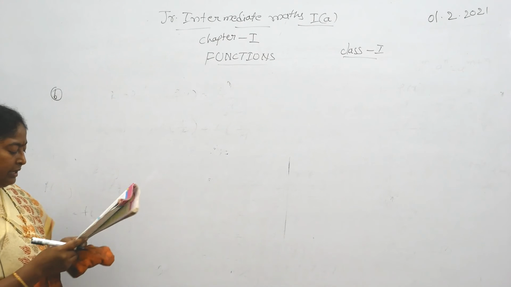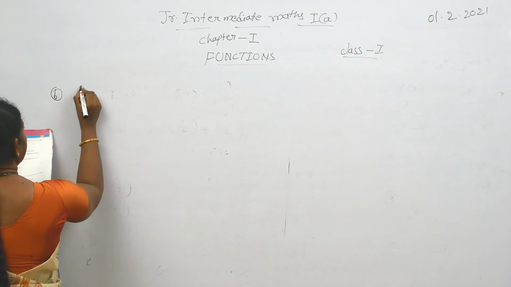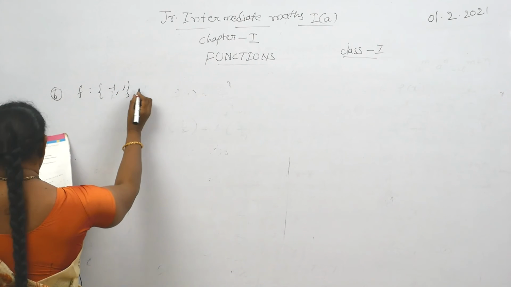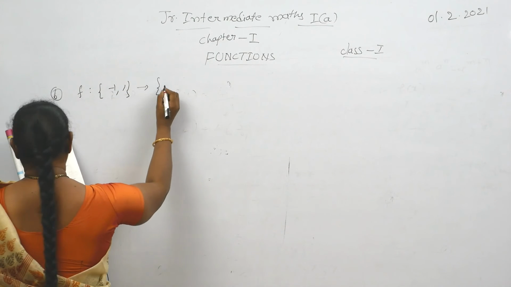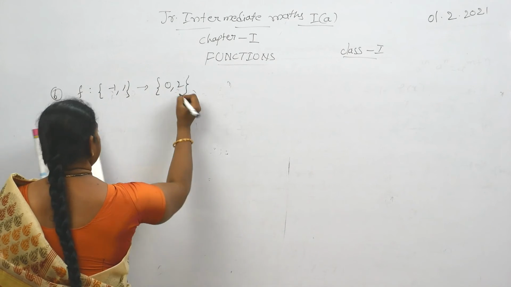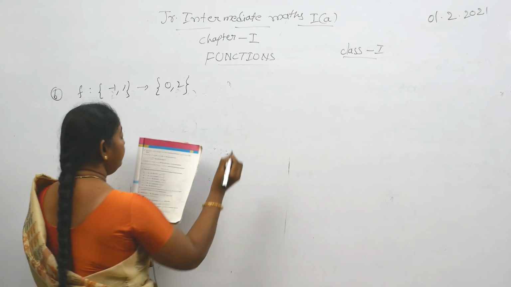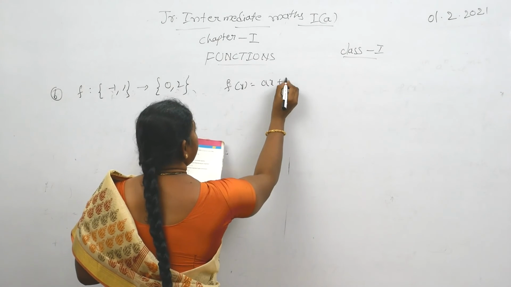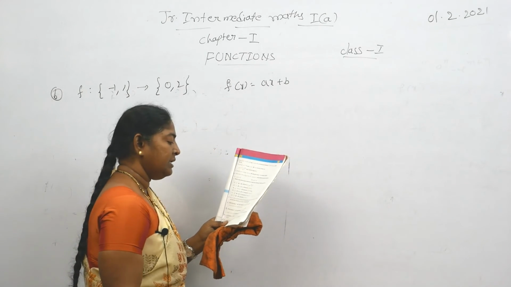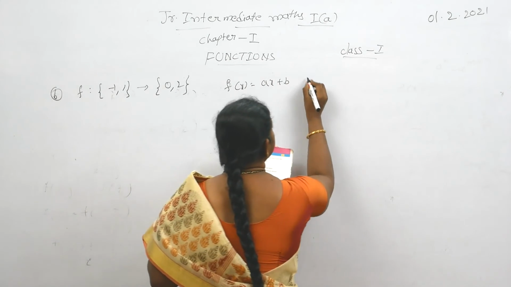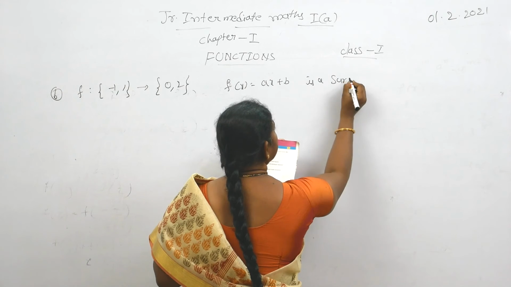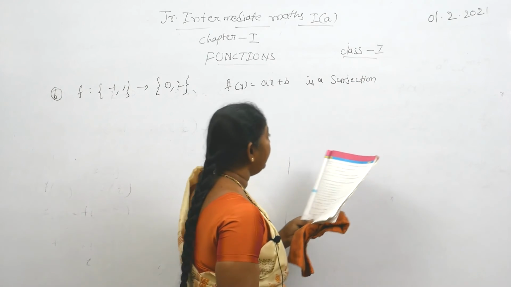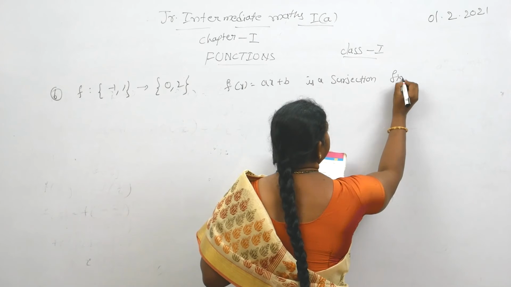If the function f from the set of (-1, 1) to (0, 2), defined by f(x) = ax + b, is a surjection, then find a and b.